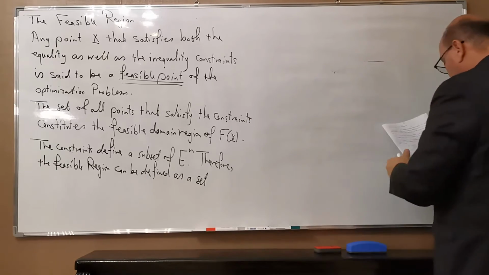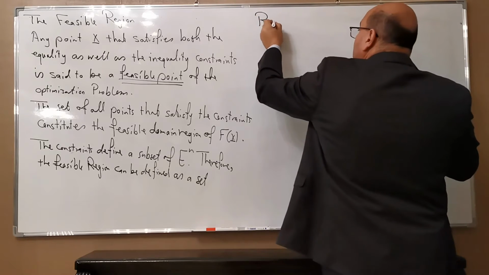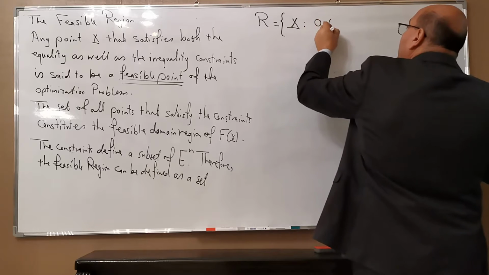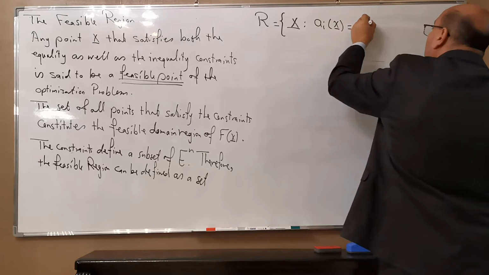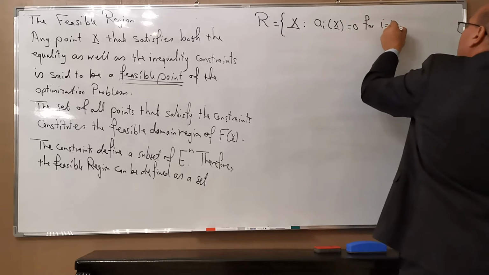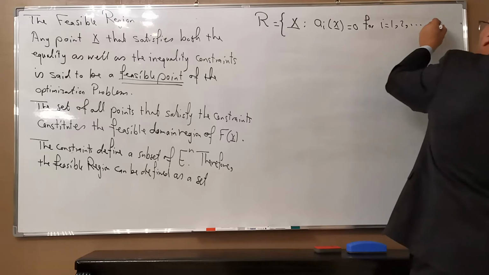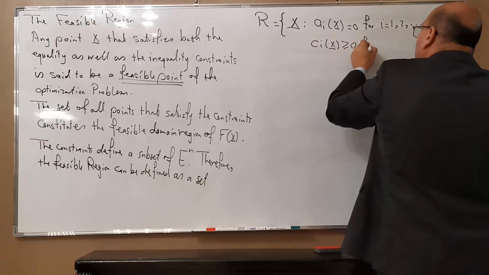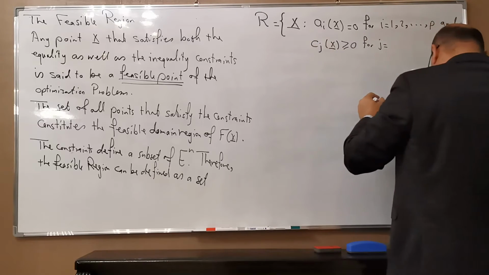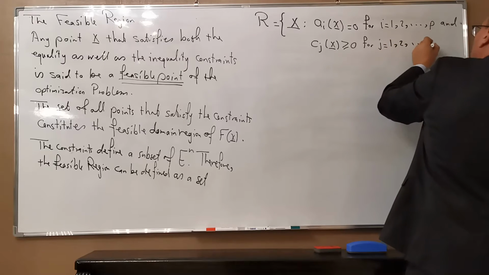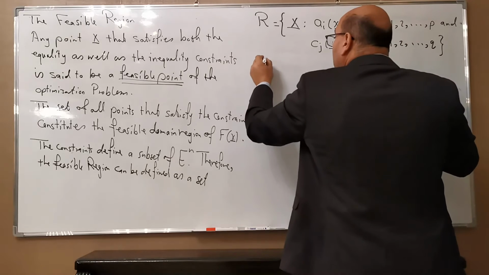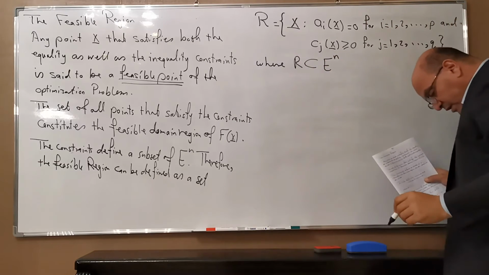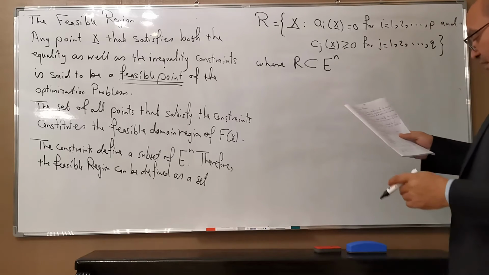So we'll define the feasible region as R, and this R is all the points x such that a i of x equals 0 for i equals 1 up to p, and c j of x greater than or equal to 0 for j equals 1 up to q, where R is contained in the nth Euclidean space. So it's a set that is contained in the nth Euclidean space.